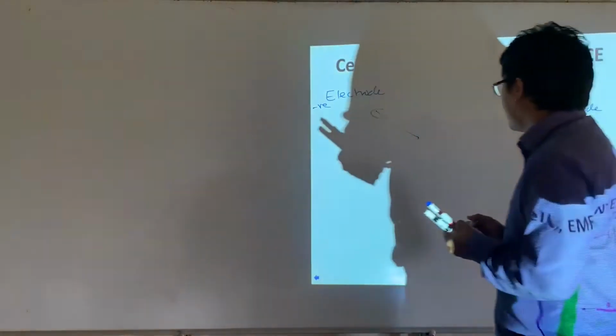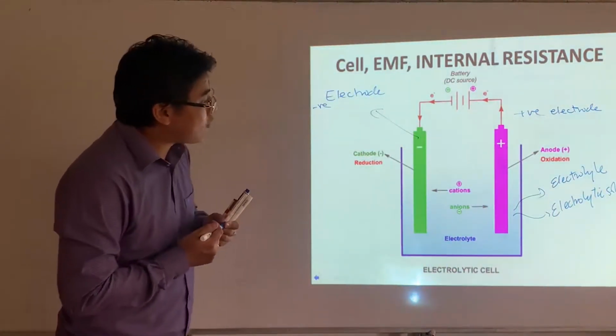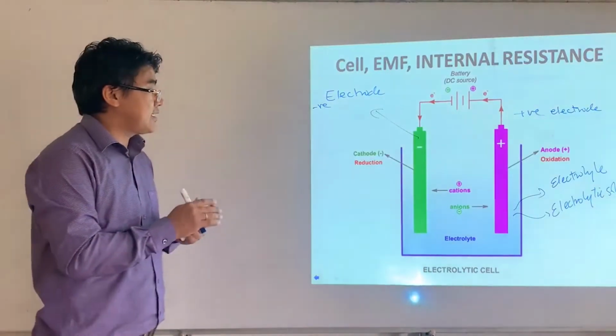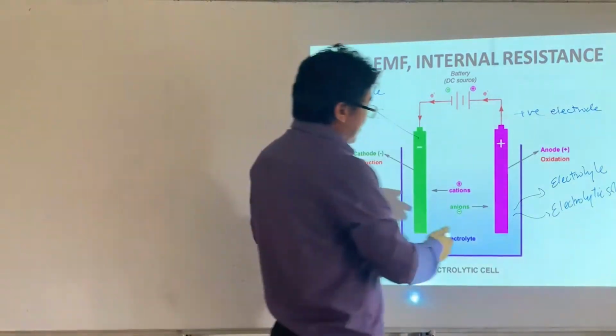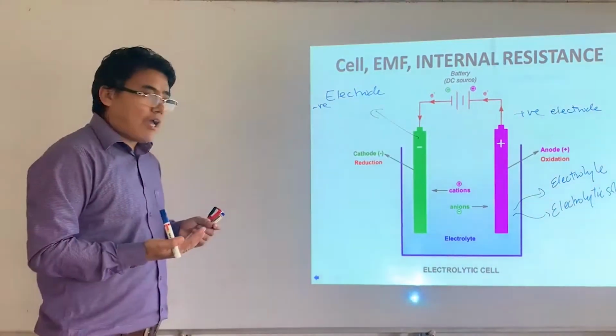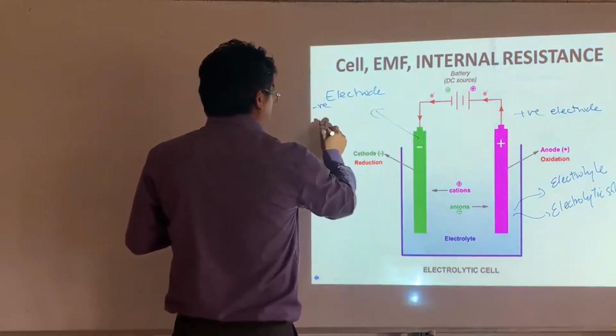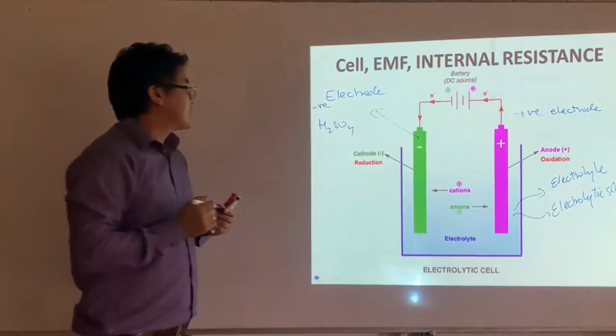We have two electrodes and electrolytic solution. For a simple cell we use, for example, H2SO4, sulfuric acid.